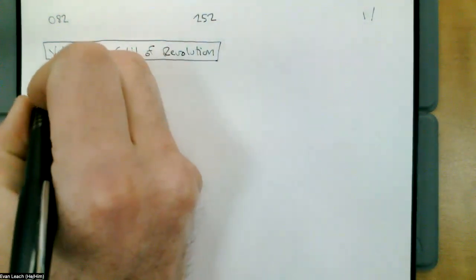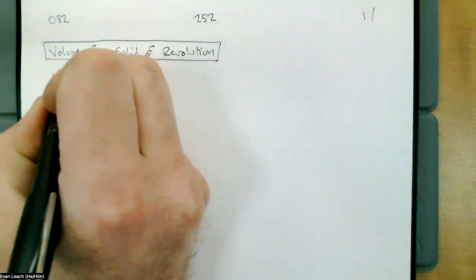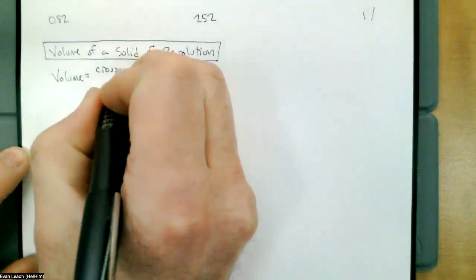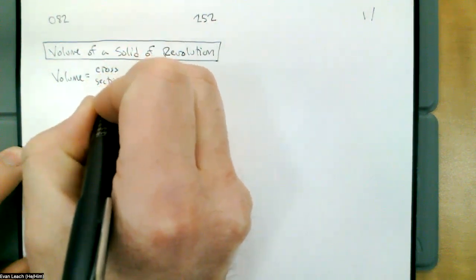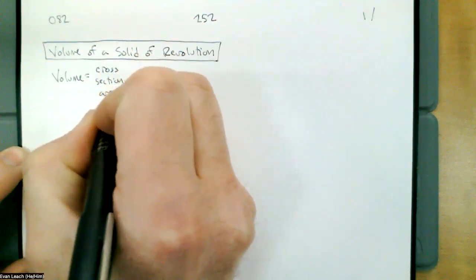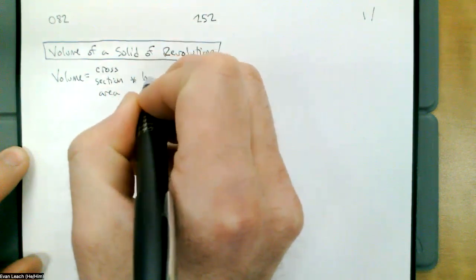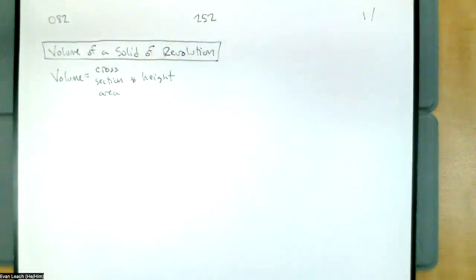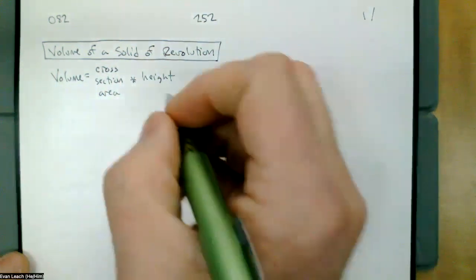So we're saying volume is the cross-section area multiplied by the height. So the height was usually serving as our delta variable.